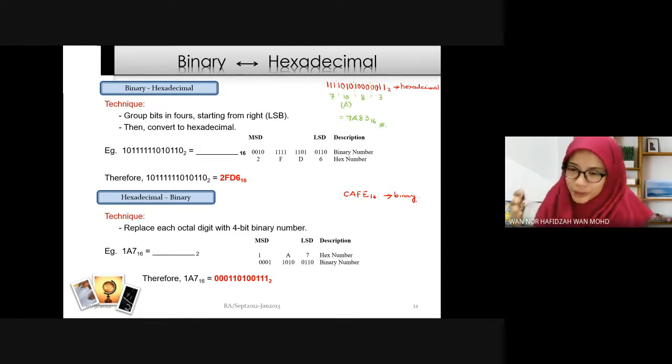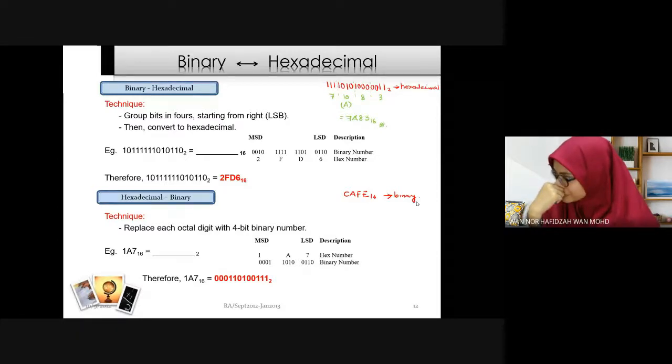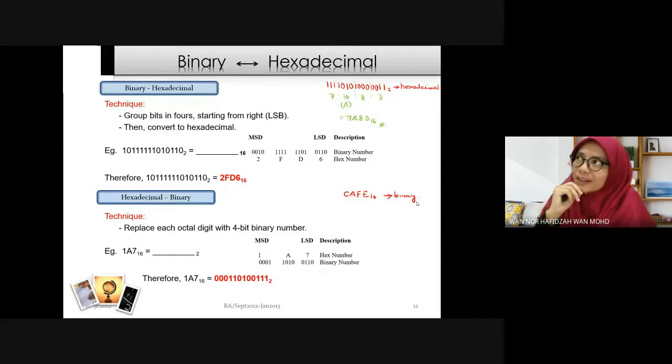Dulu, for the first time we introduce this kind of question, kita beri CAFE, and the students macam get confused. Tak ada nombor ni, how to do it?